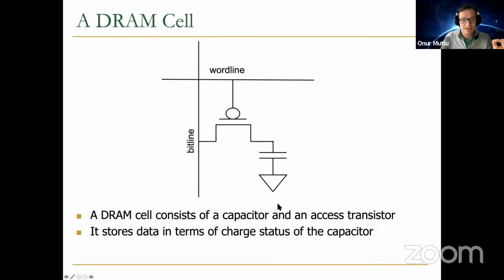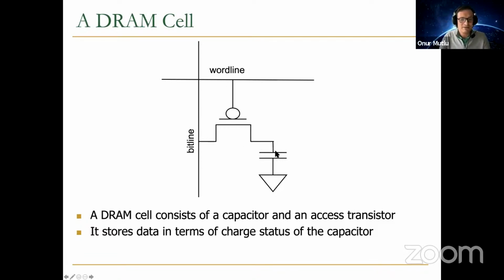And you can see that the data is stored in this capacitor, sorry. And the access transistor is used to actually access this data. So basically, the data is stored in the capacitor in terms of charge.